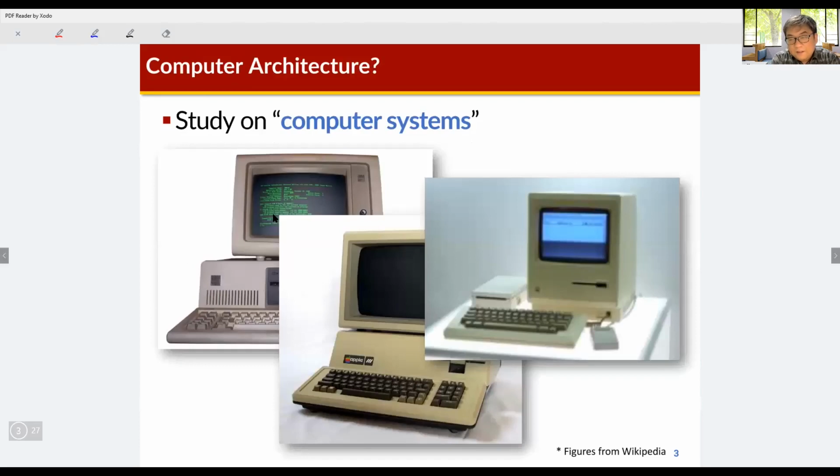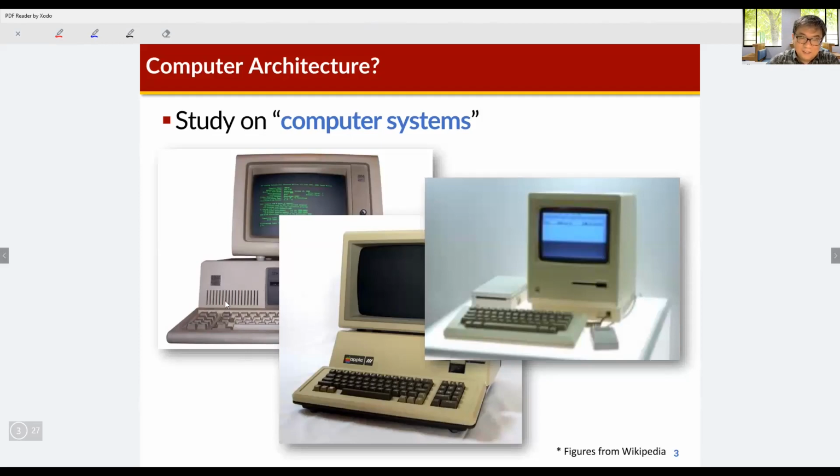Okay, let's see this slide. What can you see? These are computers, very old generation computer systems. Why do I show these old computers? What is this computer?